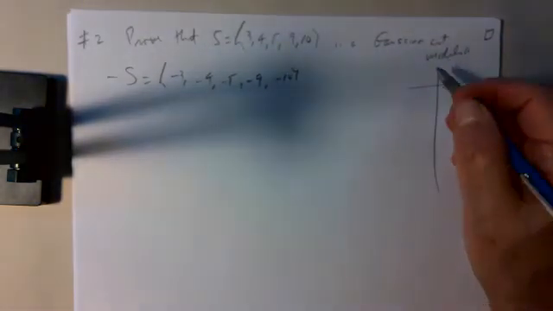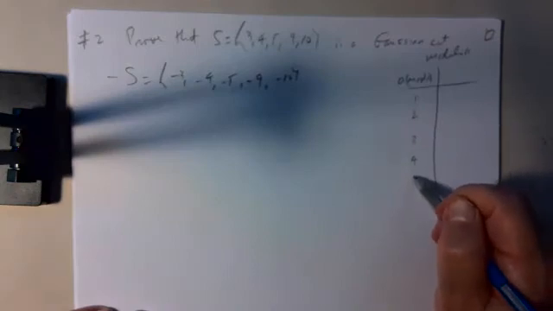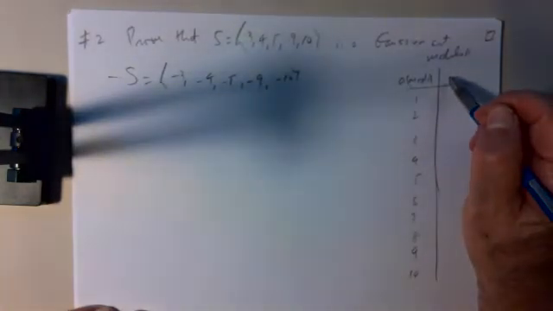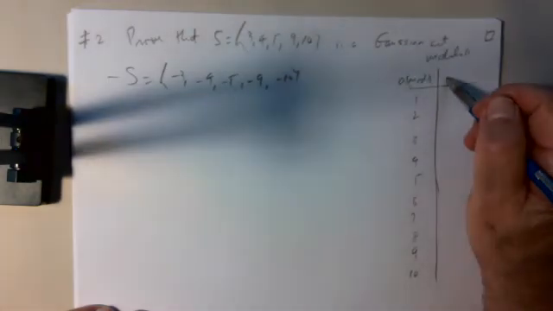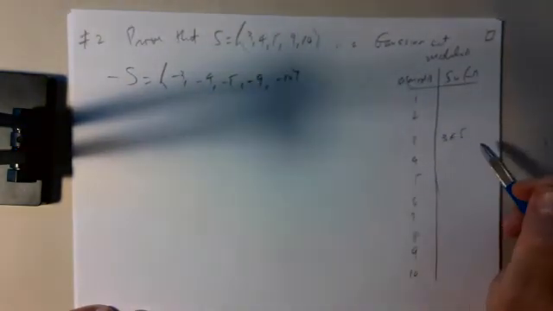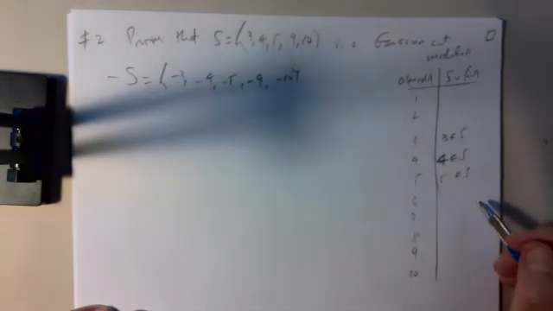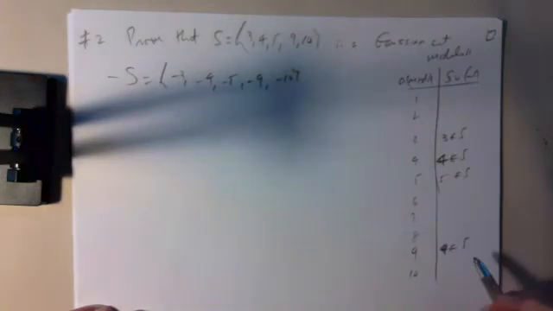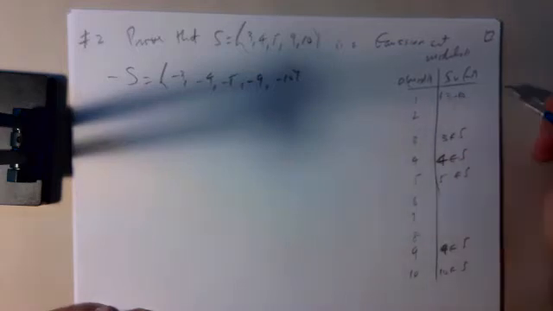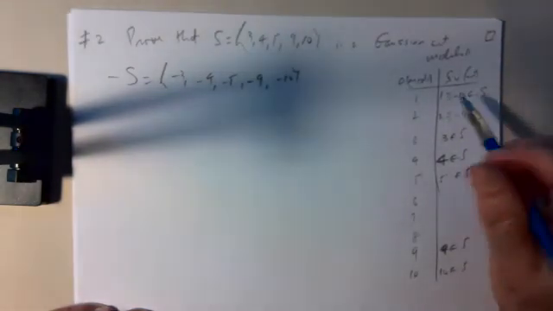So if we look at the non-zero congruence classes a mod 11, 1, 2, 3, 4, 5, 6, 7, 8, 9, 10, each is an element in S union minus S. So 3 is in S. 4 is in S. 5 is in S. 9 is in S. And 10 is in S. But what about 1? 1 is the same as minus 10, which is in minus S. 2 mod 11 is the same as minus 9.